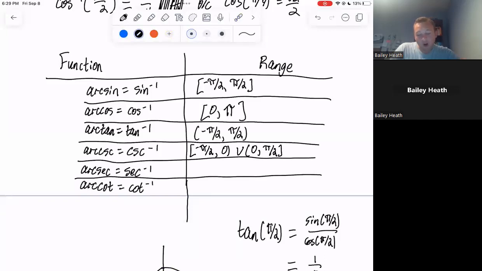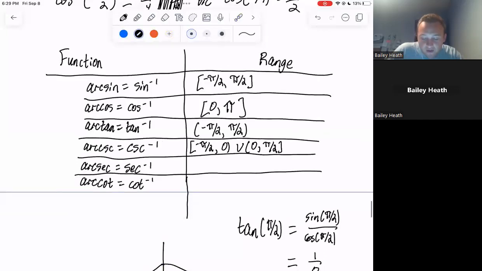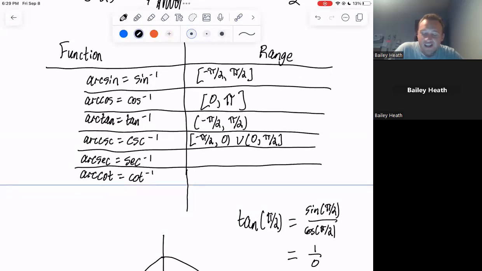Okay. Arc secant is going to be very similar. Remember, secant is 1 over cosine. So maybe I'll just write down what the range is, and I will leave you to reason through it, just like we did for arc cosecant.